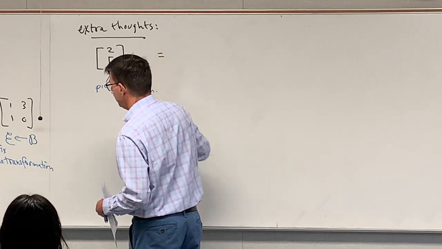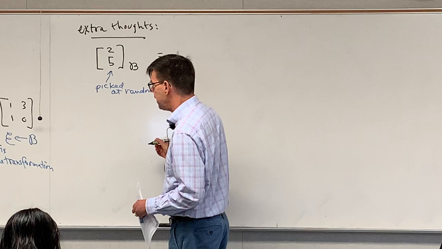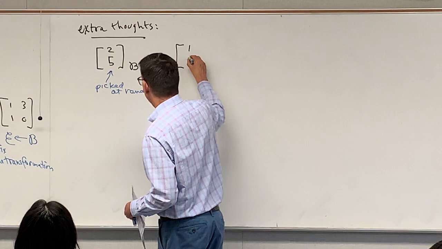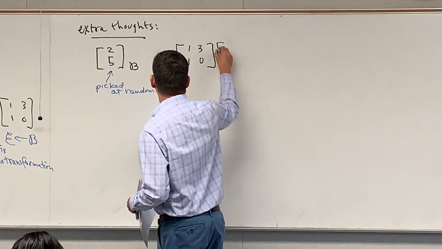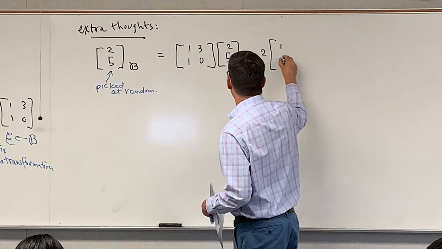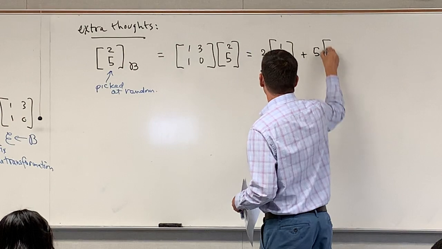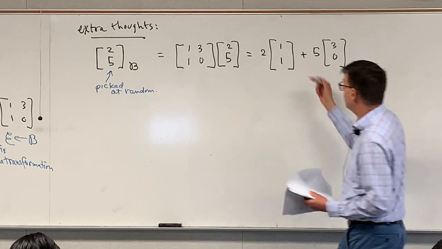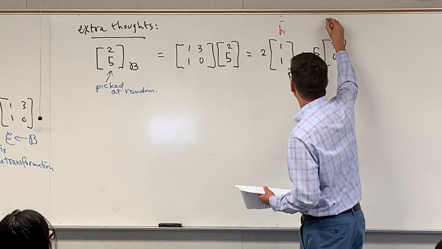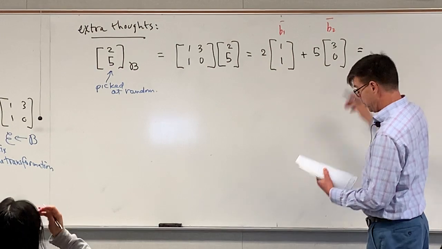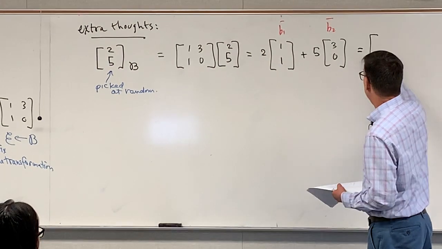It's going to be the same thing as 1, 1, 3, 0 times 2, 5, which is the same thing as 2 times 1, 1 plus 5 times 3, 0, where this is just B1 and B2, right? And so what this turns out to be is 17, 2.